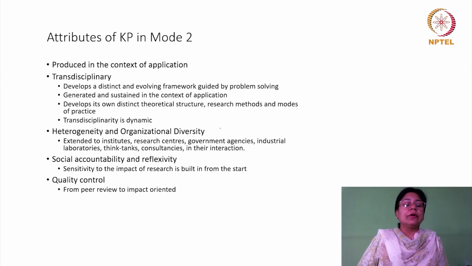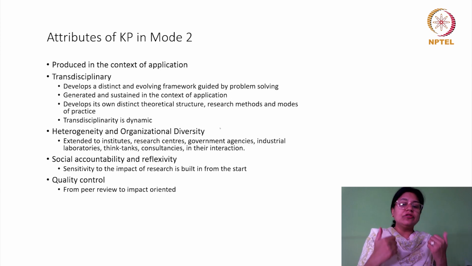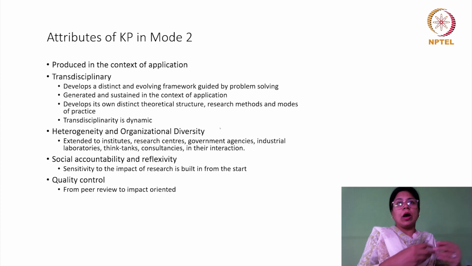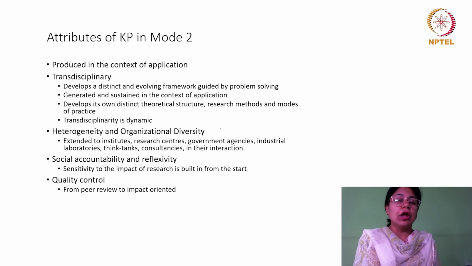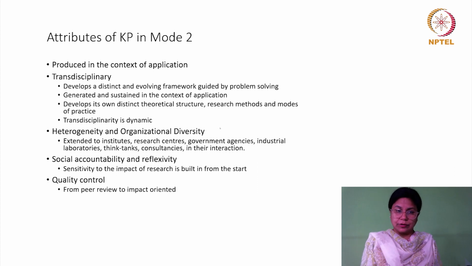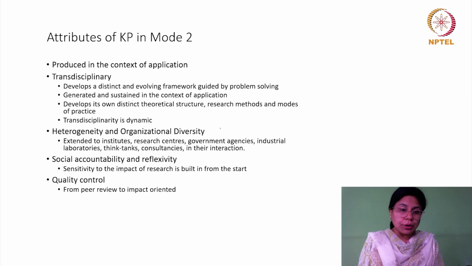Here, as you understand, the discipline is no longer the main focus. The application is the more important focus. And as the application becomes more focused, you are finding different solutions to the problems that might be encountered while finding a solution. That means now you have to reach out to different disciplines, and those disciplines have to be brought together.